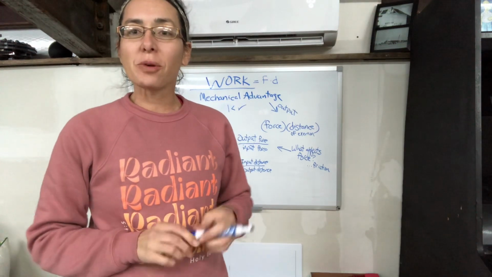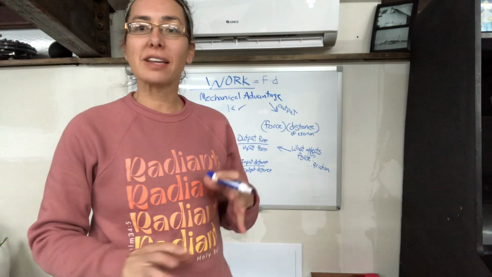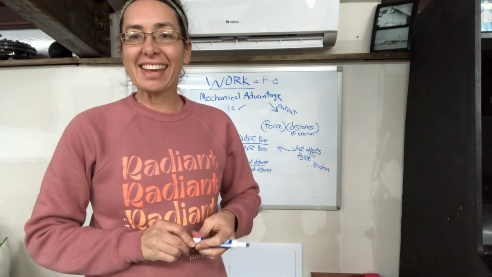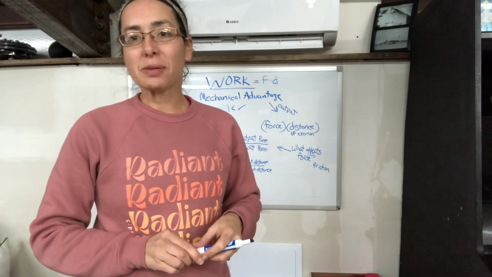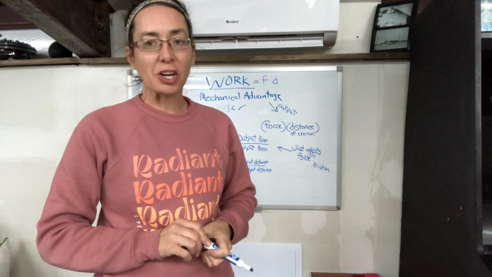So I'm going to do a short lesson today about work and power and simple machines, and then you guys are going to get to put some of that into practice in the classroom, and it's going to be a really great day.